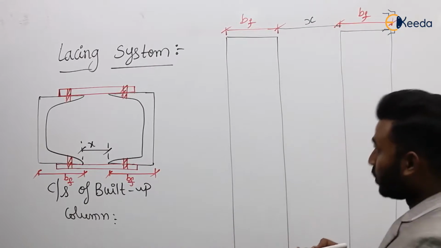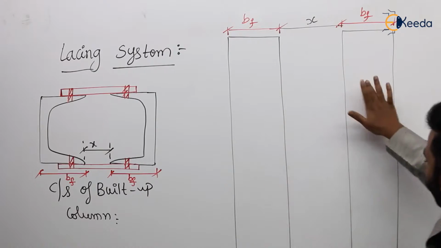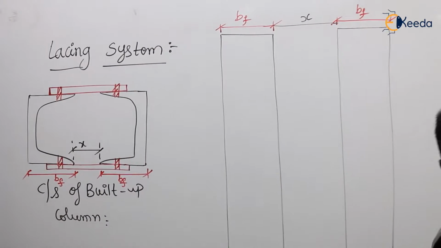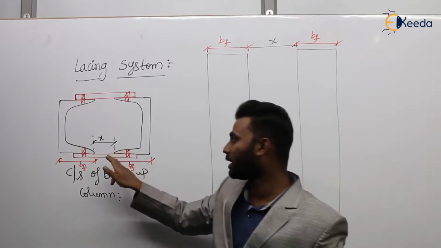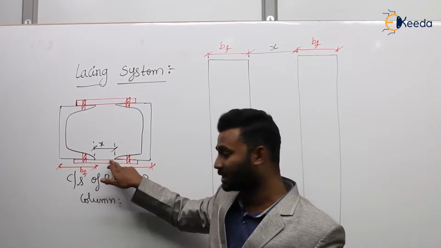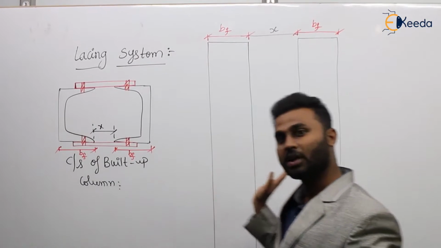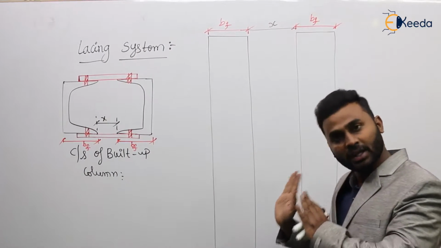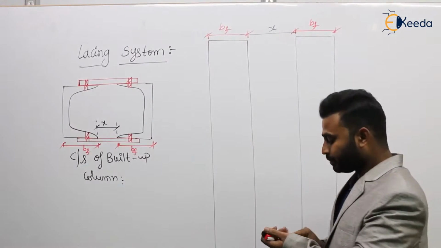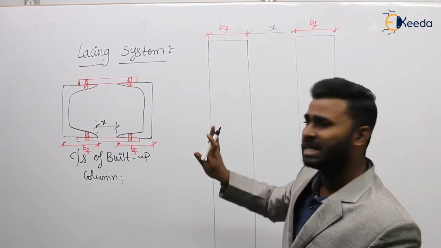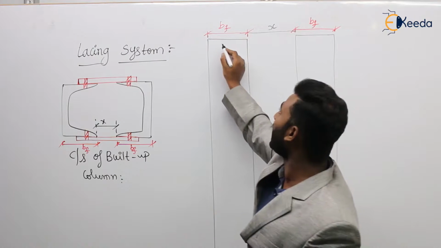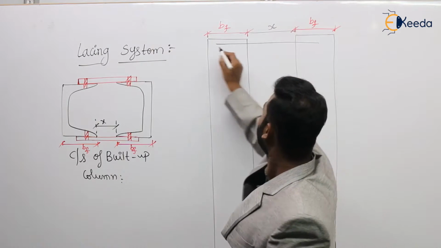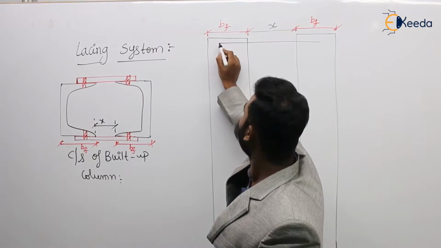Agree or not? Now in this plane we have provided the lacing system or members of the lacing. If you see it in the cross section, the members of the lacing seem like this. But if you see it in the longitudinal view, the pattern and everything can be seen clearly. Now for a lacing system, at the top and bottom or at the ends, we are going to provide end patterns like this. That is mandatory.